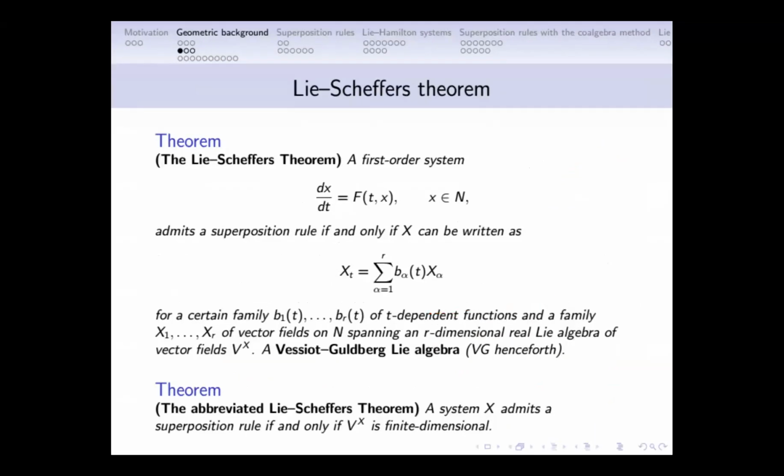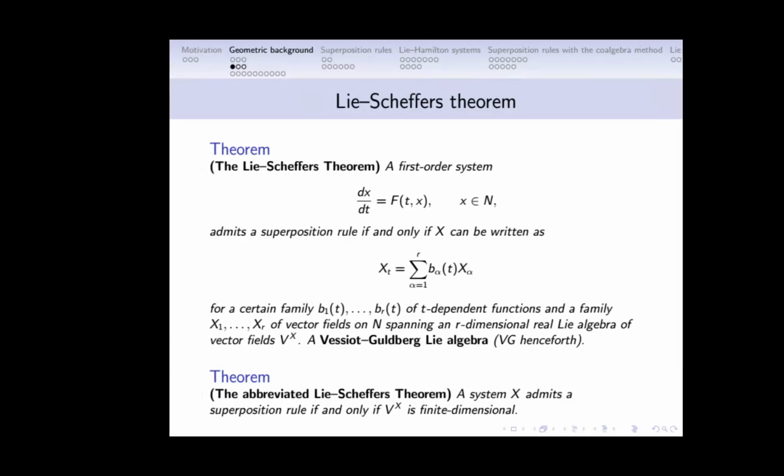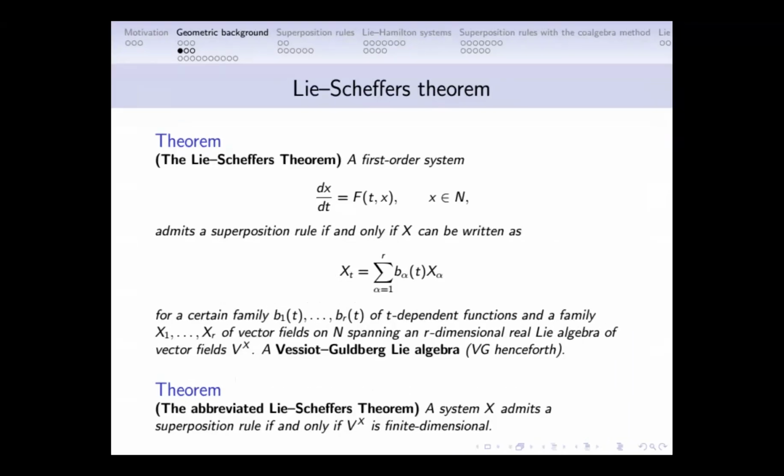Okay, so here I introduce you the theorem for Lie systems. We say that a first order system in the first approximation, then this can be generalized to higher order systems. A system like this, as we have said, has an associated first order system and a time-dependent vector field, and there is a bijection, and it can be written this way, right?